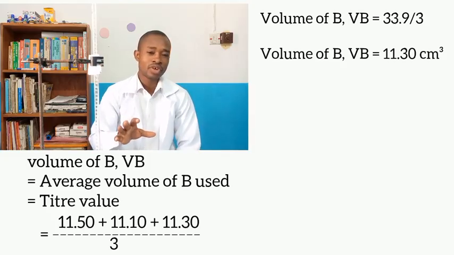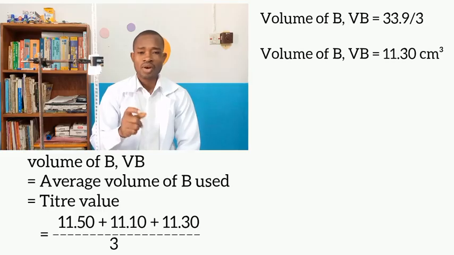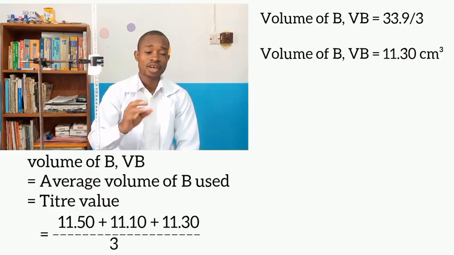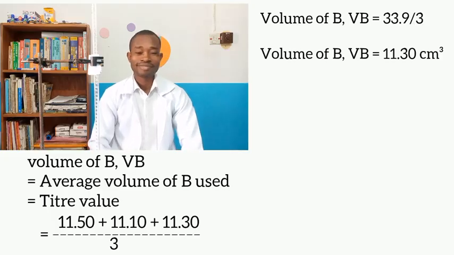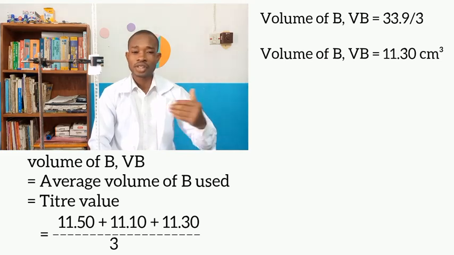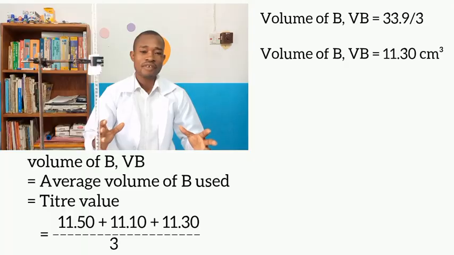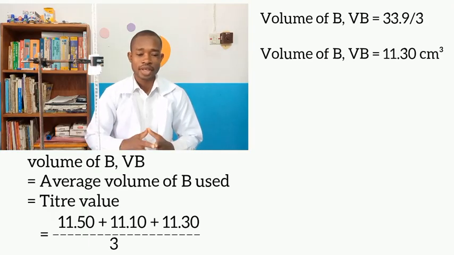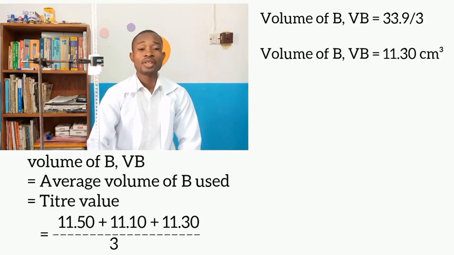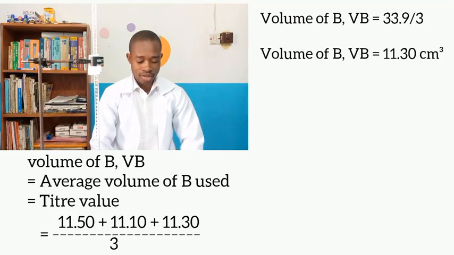So, from the average volume that was just calculated, our VB, the titer value, is going to be 11.30, and this we are going to use for the calculations. Good. Completing the table, very important, done. Calculating the average volume of the titrant used, very important, also obtained. It is now time we move straight on to responding to the questions that were asked on this experiment.